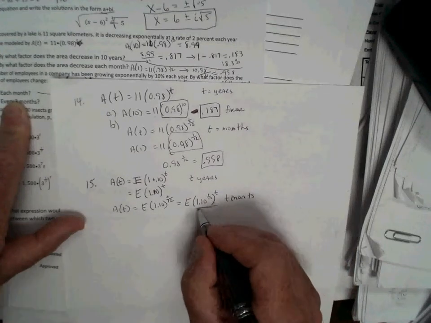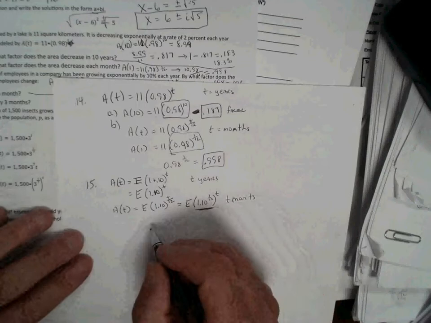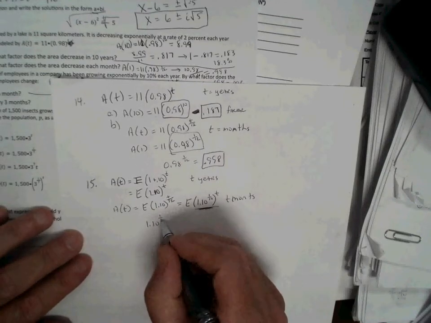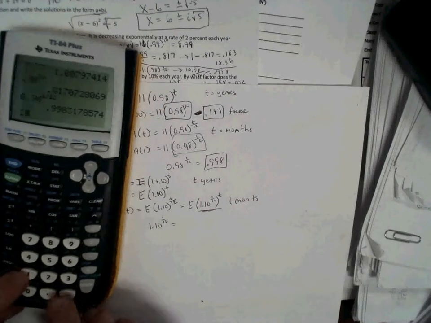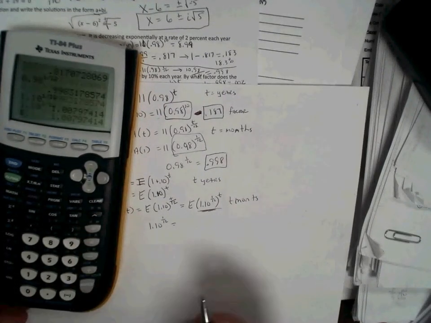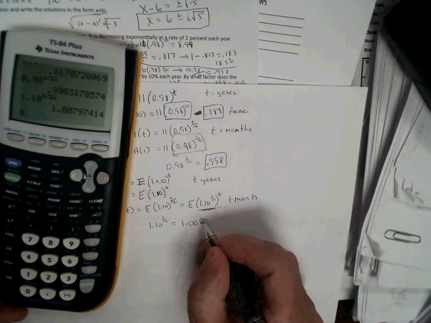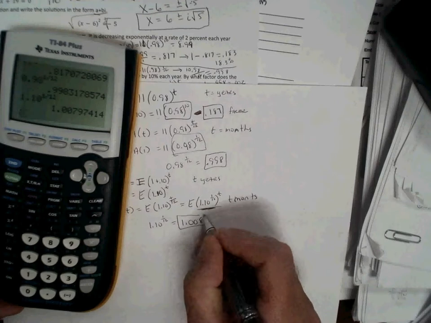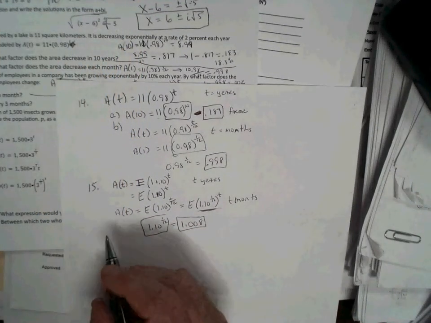And so this is our factor that the number of employees changes. So 1.10 raised to the 1/12, which is going to be equal to, in our calculator, 1.008. So either one of those would be the correct answer for part A on 15.